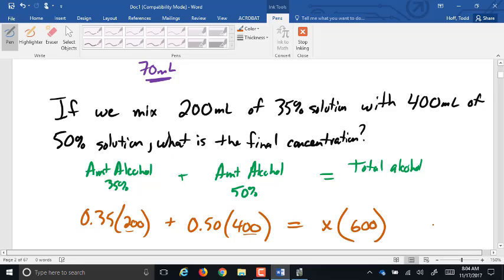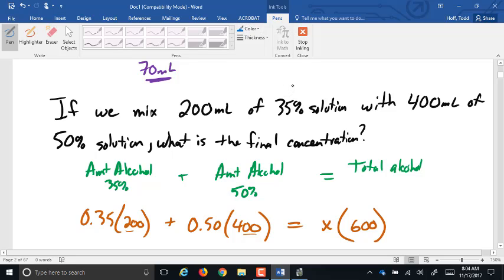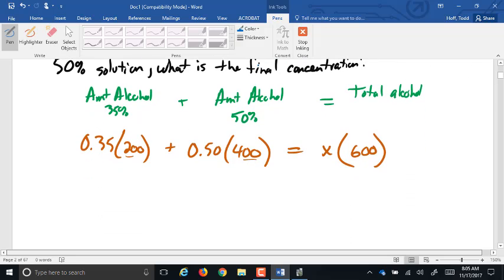If we added 200 milliliters to 400 milliliters, we better get 600 milliliters. So now, this is 70. This is 200.